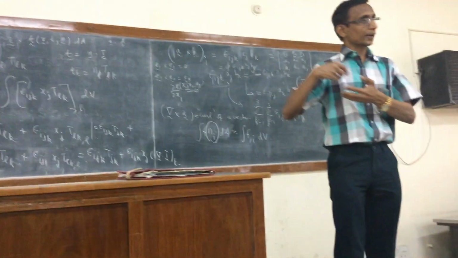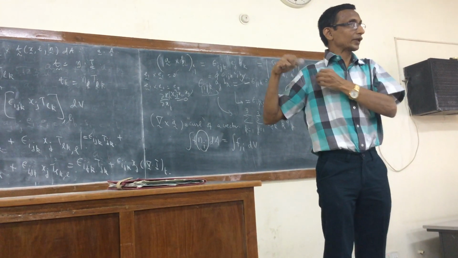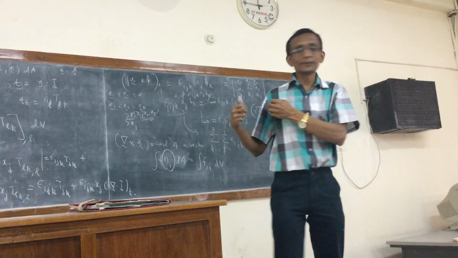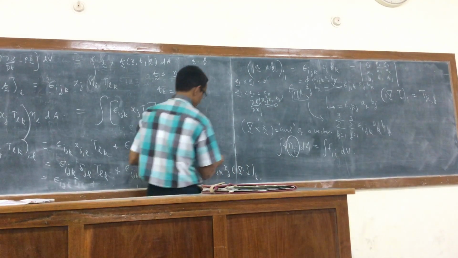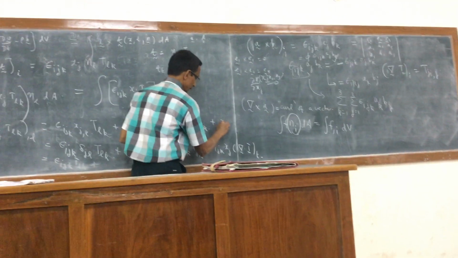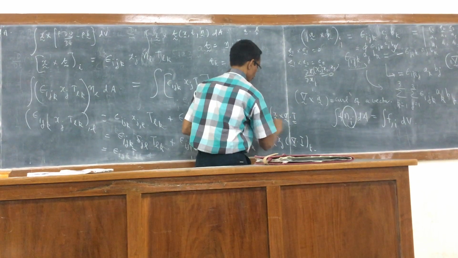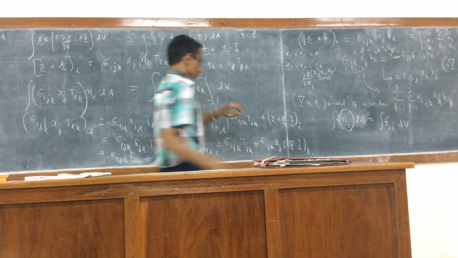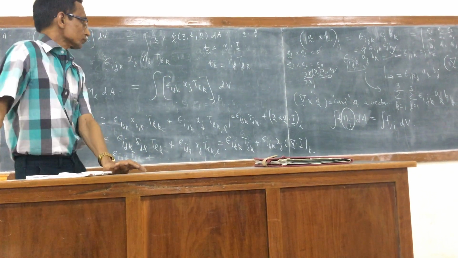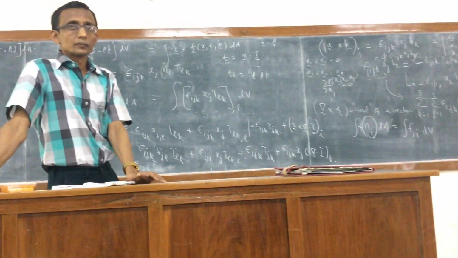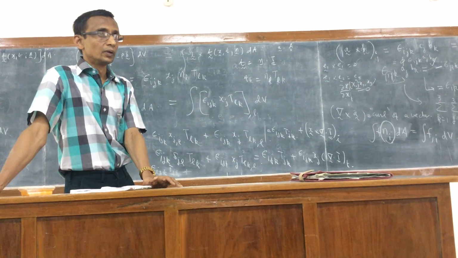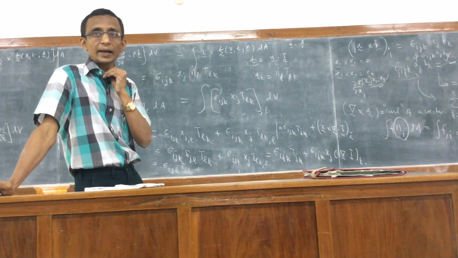So here it's again a cross product of two vectors, but one of the vectors is the divergence of a tensor, right? So I can write this as the ith component of that. That's what I have.